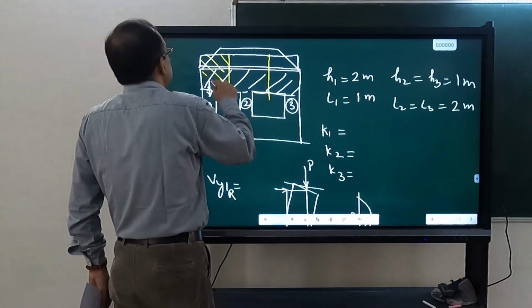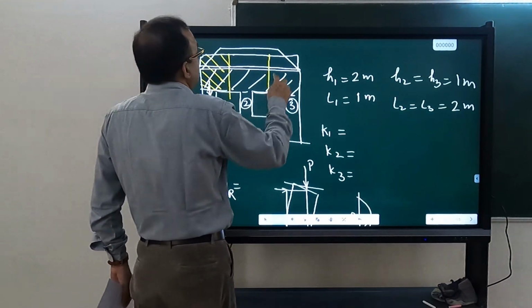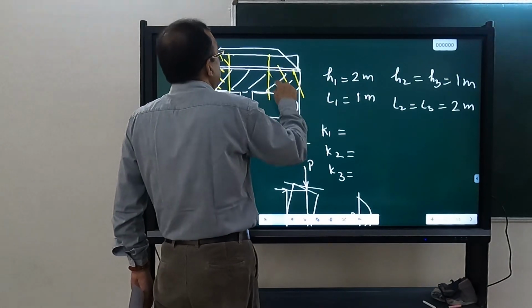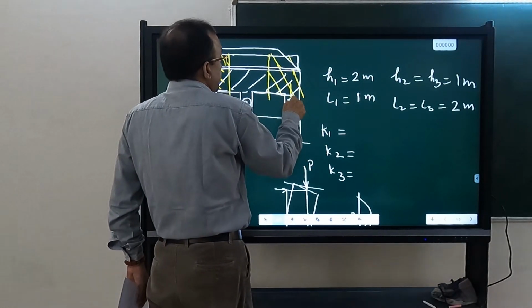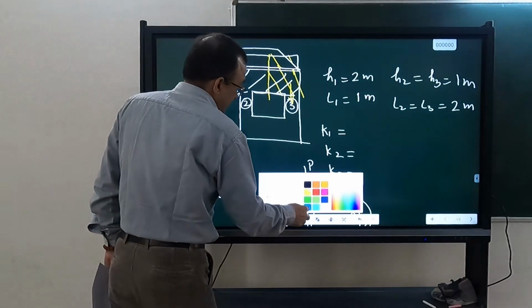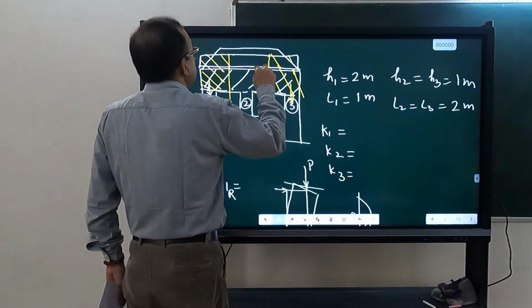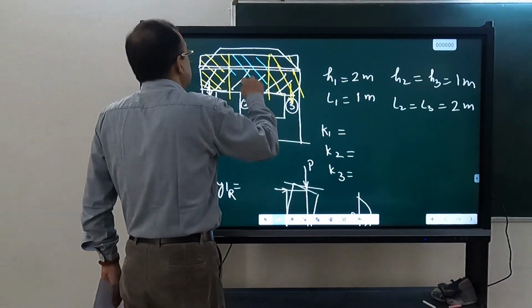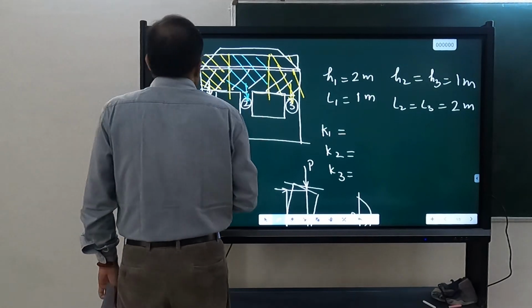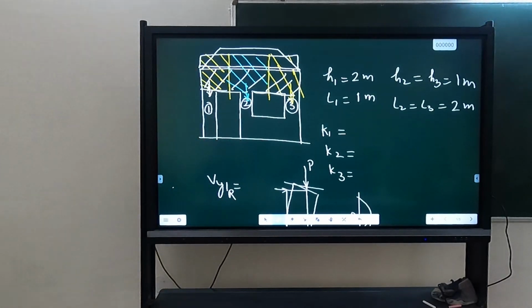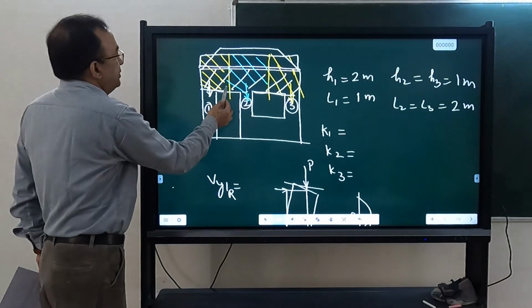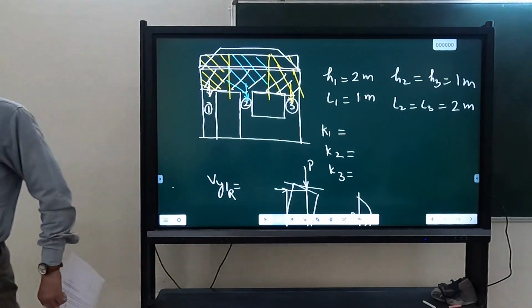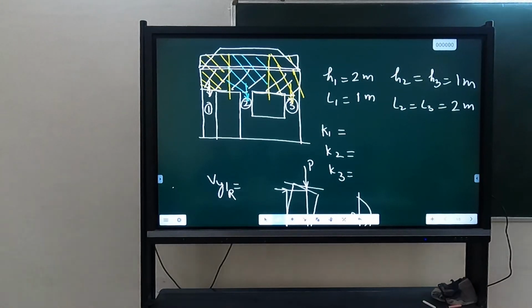This load will go here, this load will go here, and this load will go on this in symmetry. From this span, half will go this side, half will go this side. Approximately. This is for the top story.